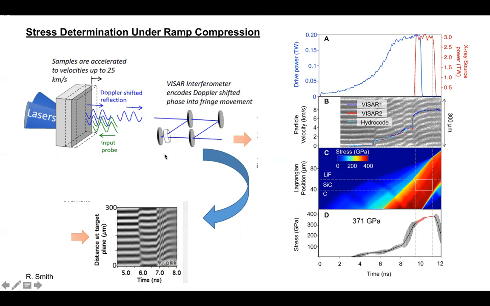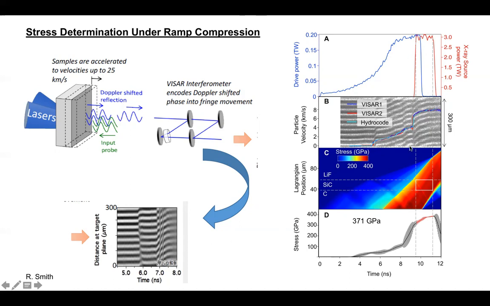As the surface starts to move, the reflected laser light is Doppler shifted. That gets analyzed in an interferometer where the light is interfered with light that left the sample slightly earlier due to a little bit of a delay lag, and that produces interference fringes which are sensitive to velocity. And again, it's a line image here.